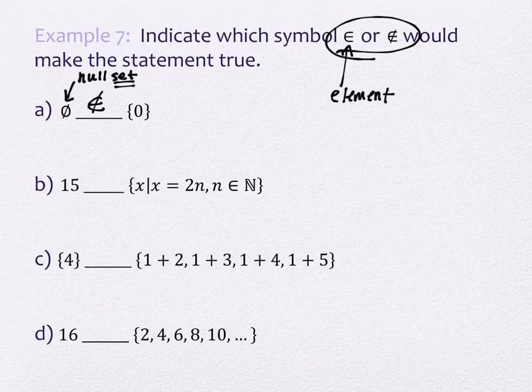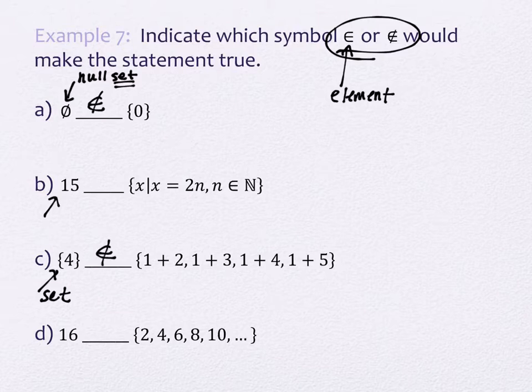It makes it a set. So the fact that this doesn't have curly braces means it's not a set, but the fact that this one does have curly braces means it is. So C fails in exactly the same way that A fails. It's not an element because it's a set. So this one fails.